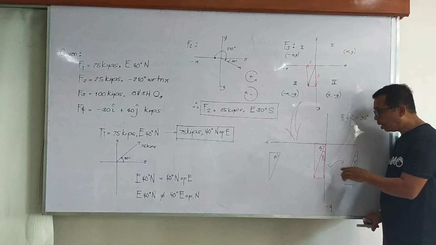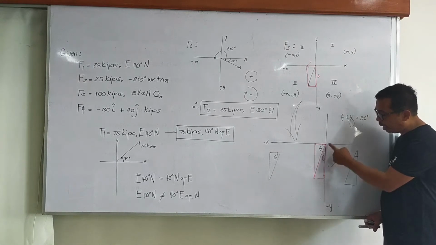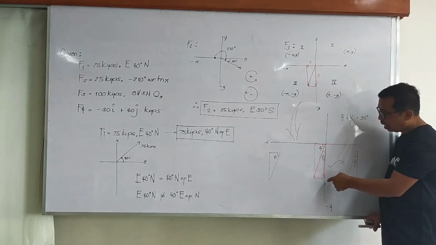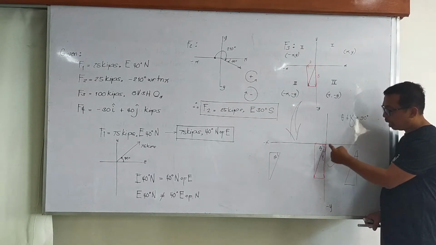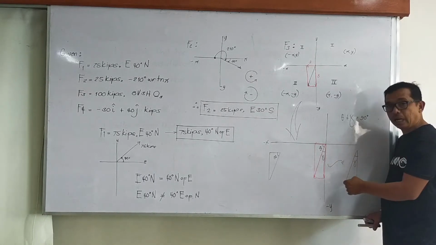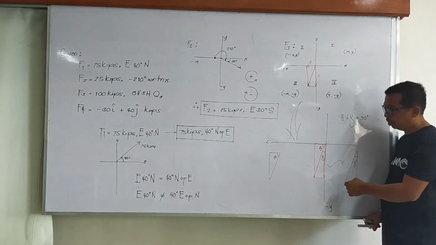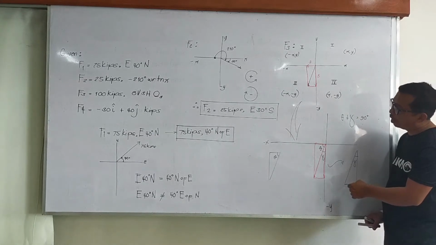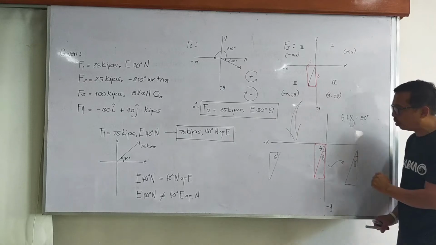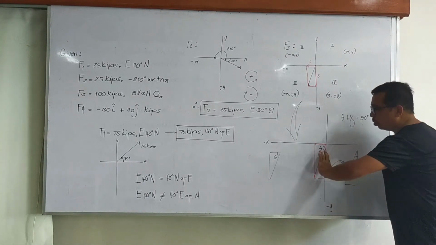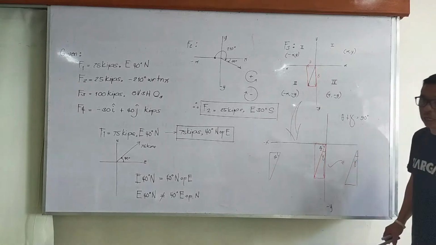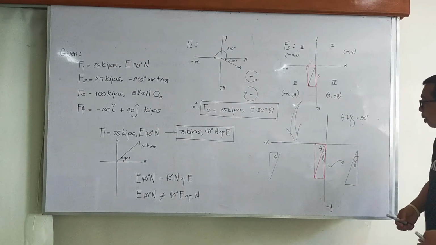Pero pwede naman natin gamitin yung triangle na may angle gamma, in this case, attached doon sa vertical. No? So, anong sunod? Sabihin na lang natin, pinili natin yung triangle na nasa kaliwa.